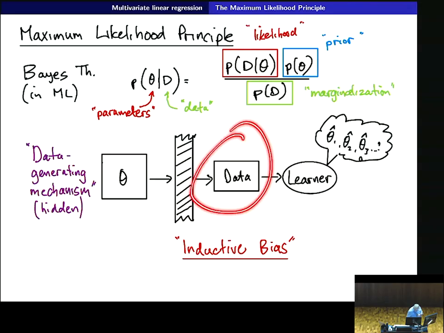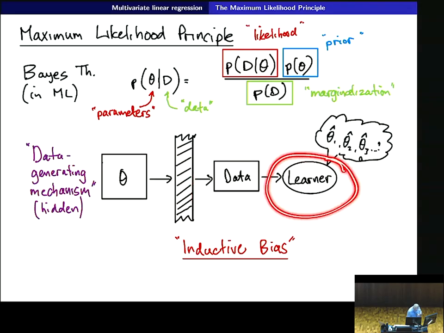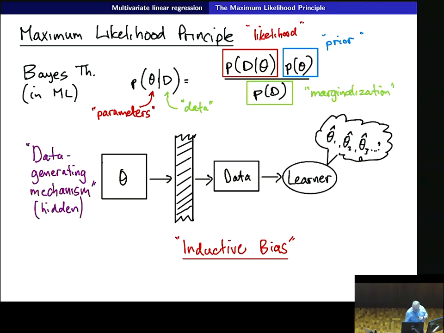and that data goes into a machine learning system, which I've called the learner. And conceptually, what the learner has to do is hypothesize. This is supposed to be a thought bubble. So the learner is like an agent, it could be a human, but it's an algorithm that says, okay, I'm seeing this data, and I know that there are some hidden parameters.